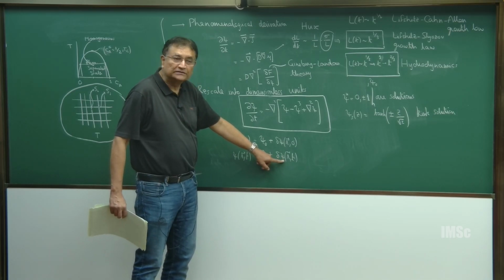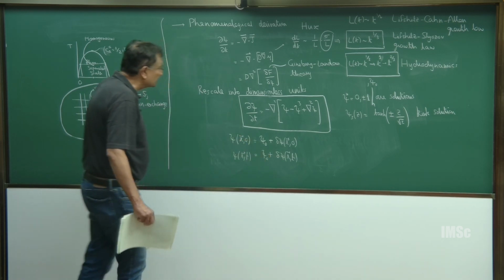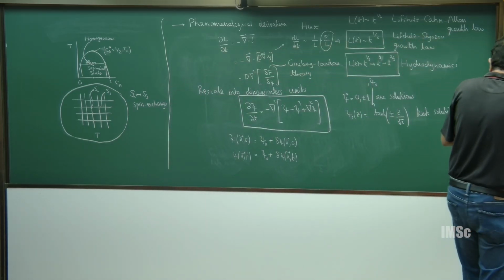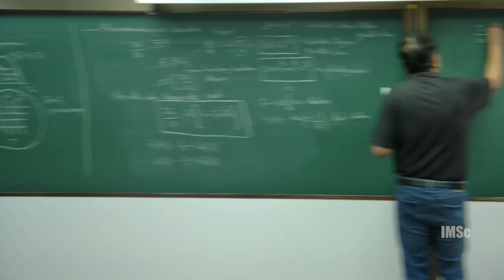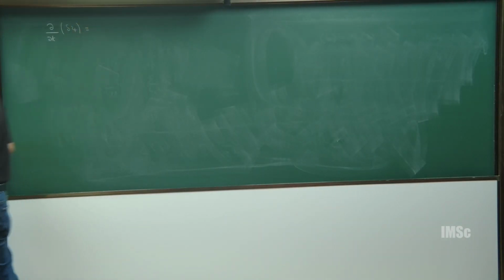Does it grow exponentially? Does it decay exponentially? The same question I asked for the TDGL equation. Help me out, guys. You're all experts at this now. So I'm just going to directly write down the equation. What is the left hand side? del by del t delta psi is equal to, what will it be, tell me?